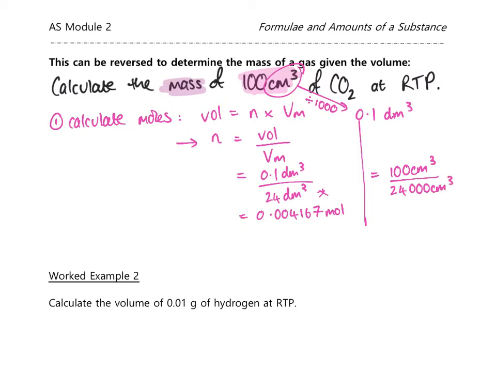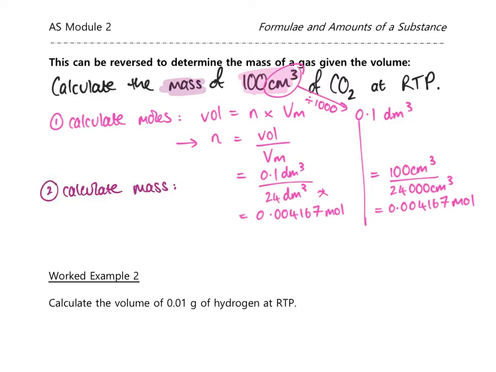Again, here we've times-ed by 1,000 to convert from decimetres cubed into centimetres cubed. So it's up to you which way you do it. Either way, you'll get exactly the same answer. 100 divided by 24,000 again gives you 0.004167 moles. So it depends which way you'd rather do it, but you just need to make sure your volume and your molar gas volume are in the same units.